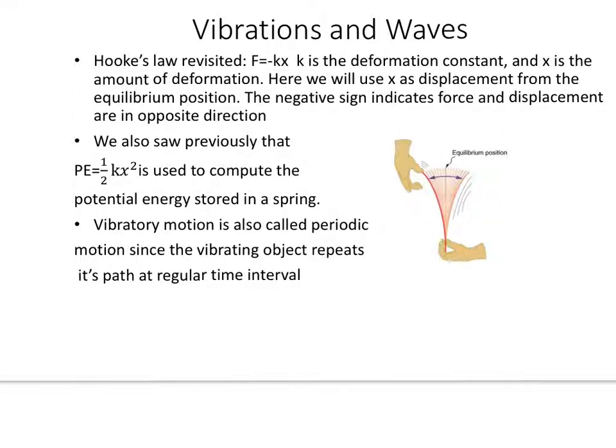And by the way, what that means is that when this thing is released, the path of this metal strip is going to repeat itself at regular time intervals, or periodically.